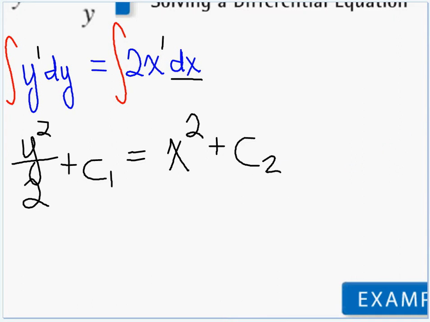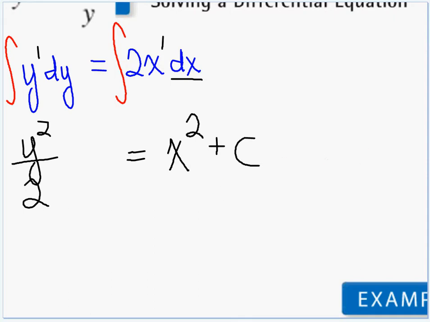Now, usually as these problems develop, we're just going to combine both of these constants on one side. Usually you'll see the calc books do it, when we antiderive the y, we'll leave it alone over here. And when we antiderive the other side with the x's on it, that's where we'll just add one constant. But realize, if we went through every step, we'd add a c to both sides, and combine both of those constants into one other constant.